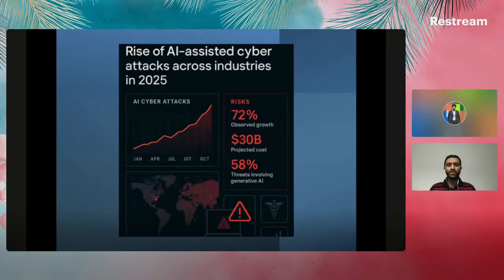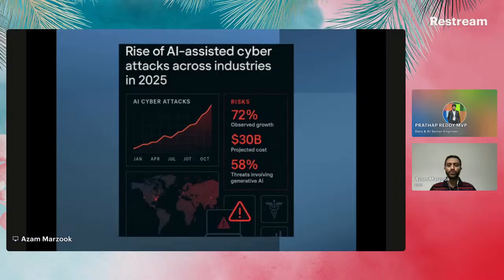The rate of risk is rapidly increasing because everybody's starting to use AI, but at the same time, adversaries and attackers are also utilizing AI. The core concept of using AI is to save time and be more effective and productive.